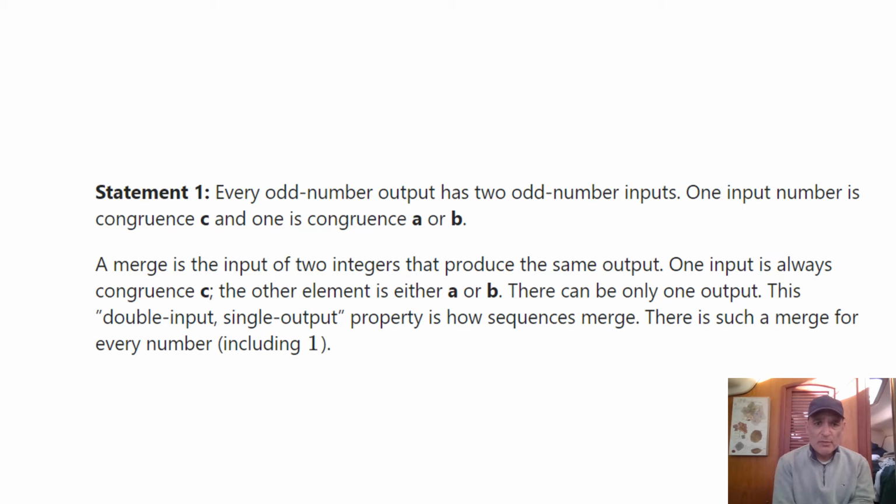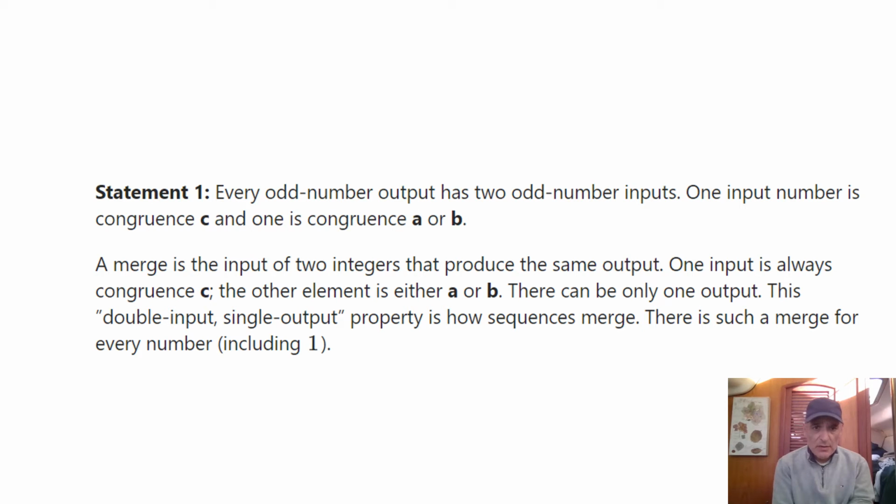But statement 1 is every odd number output has two odd number inputs. And one input number is congruent C and one is congruent A or B. So actually what I'm talking about here is merging, how sequences merge.